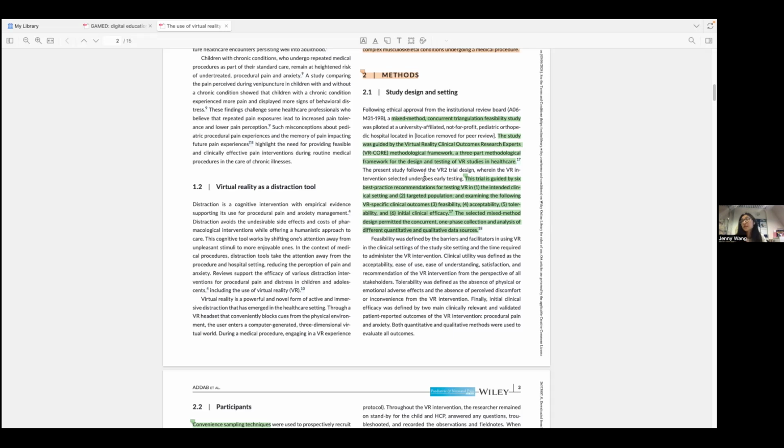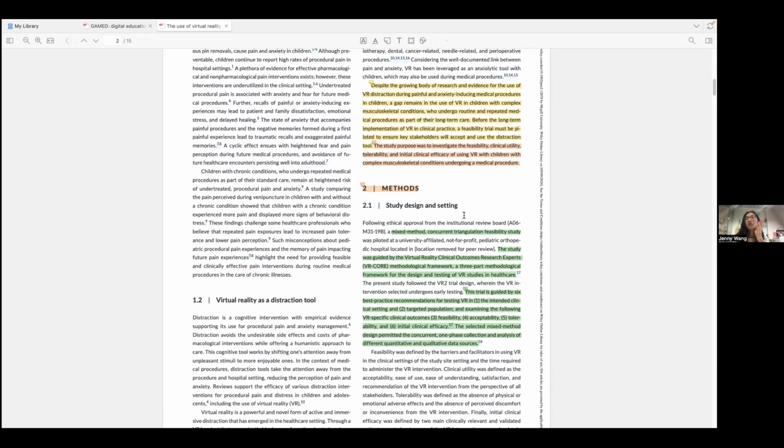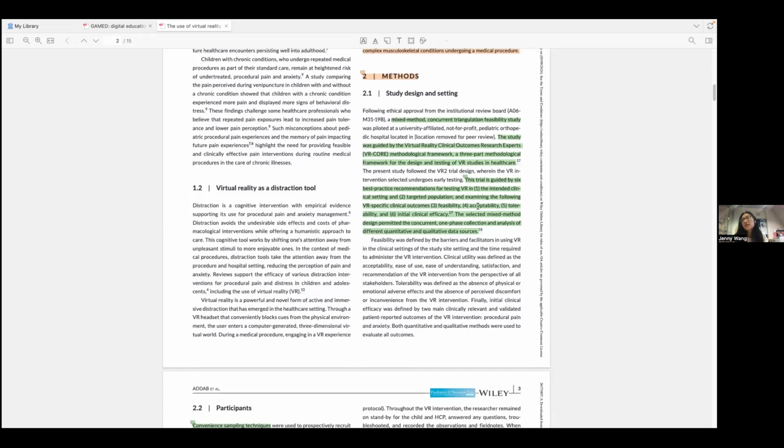In other fields, this might be a certain hypothesis or a certain standard of findings or doing things. So in this article, they don't have a hypothesis because it's a different area of study, but you might see that as well. For this study, they're guided by these best practice recommendations.